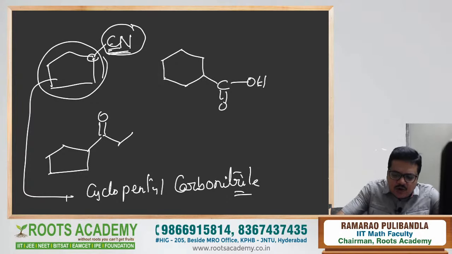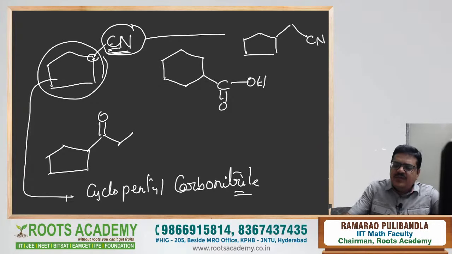If this compound has one more carbon connected by CN, then how to write its name? Connected by CN, right? So 1, 2. At the second place cyclopentyl.